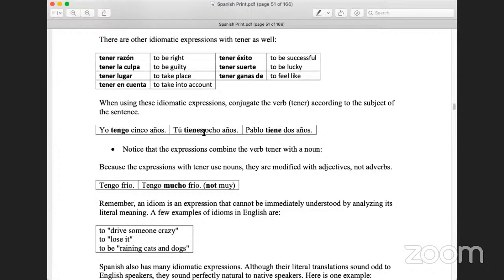So that's basically saying you are 8 years old. I am 5 years old. Pablo tiene 2 años. So if I just say tiene 2 años, that's a second person, third person, or possibly a second person. If I want you to know who I'm talking about, it's Pablo. It's the noun before the verb. Tiene 2 años. Pablo has 2 years. Pablo's 2 years old.